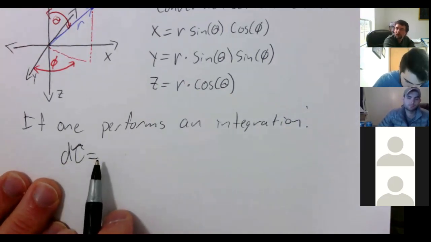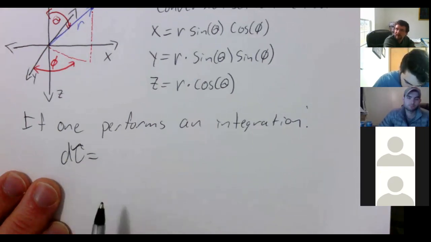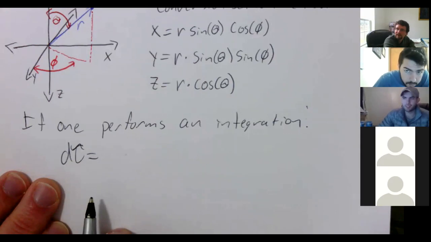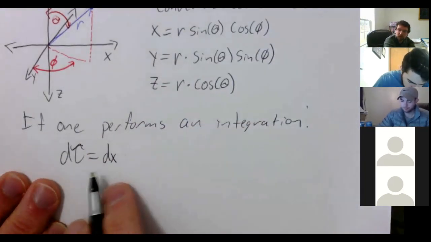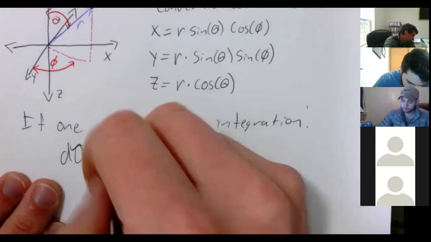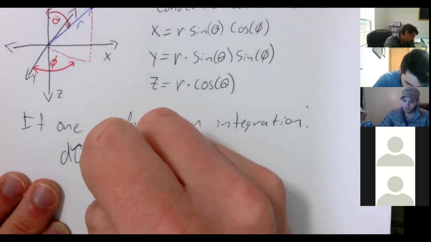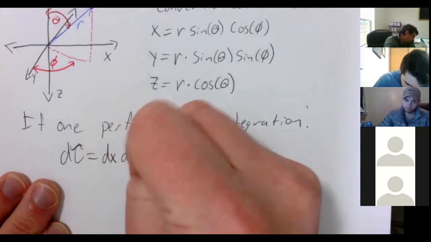What did we do for a particle in a 1D box? d tau is equal to what? It's just dx. Yep, dx. Okay. So if we were looking across 3 dimensions, what would this be? dx, dy, and dz. Yep.